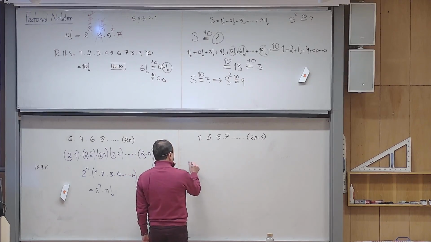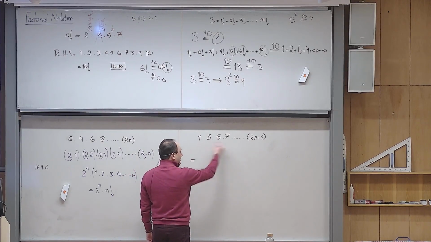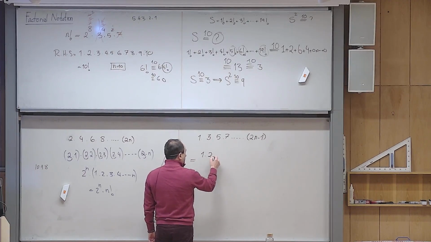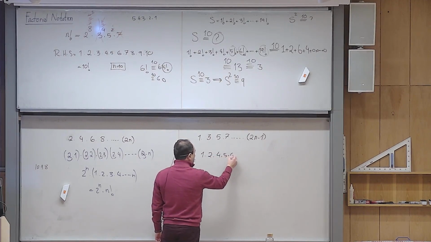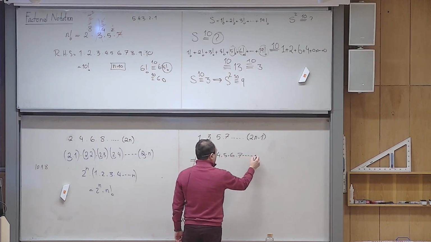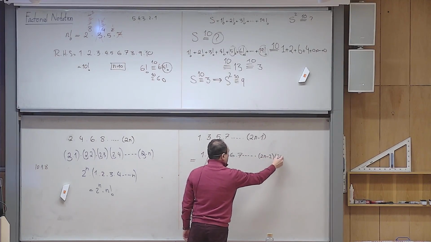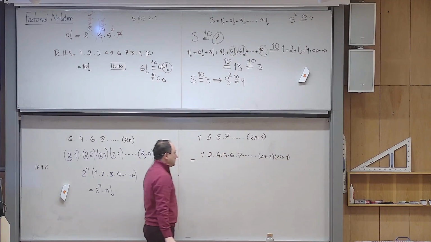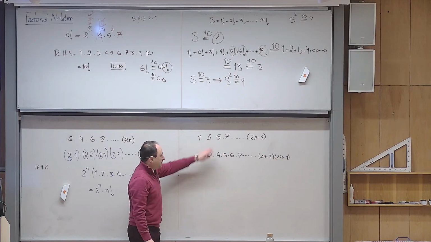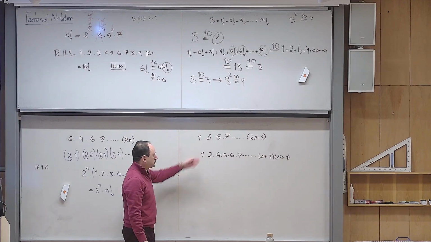So in other words, instead of writing it, I can write it 1 times 2 times 3 times 4 times 5 times 6 times 7, and I continue times 2n minus 2 and then 2n minus 1. Yes? Of course these two are not the same, but I can compensate for the change.